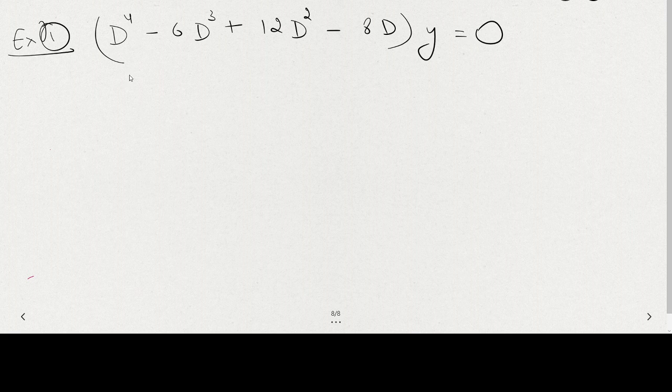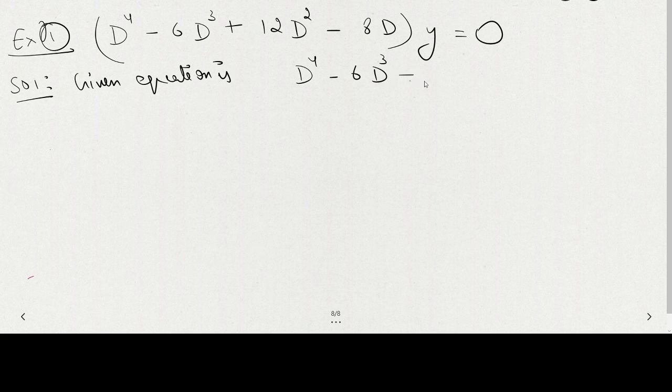The first step is already done in this question. Solution: the given equation is (D^4 - 6D^3 + 12D^2 - 8D) y = 0.